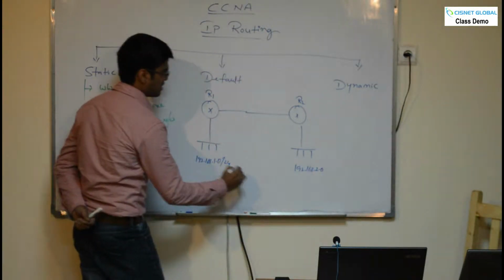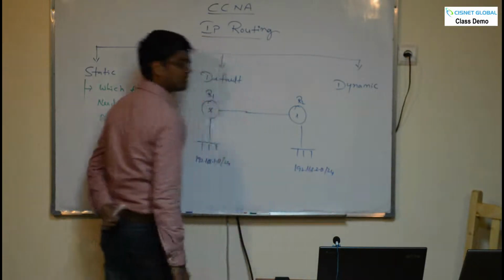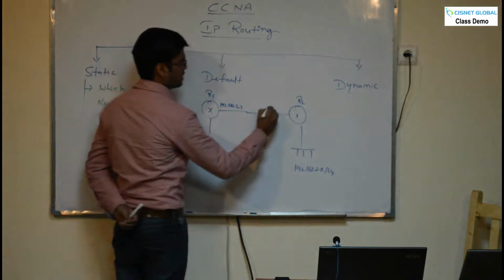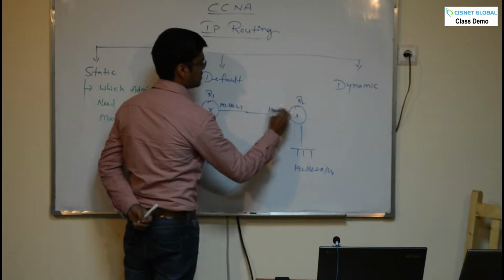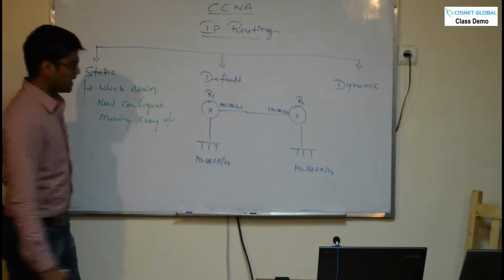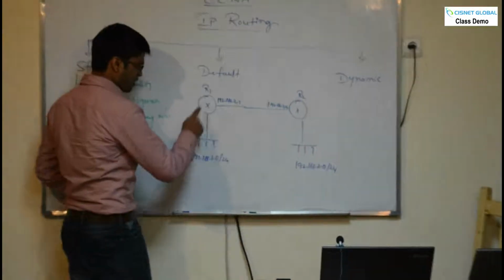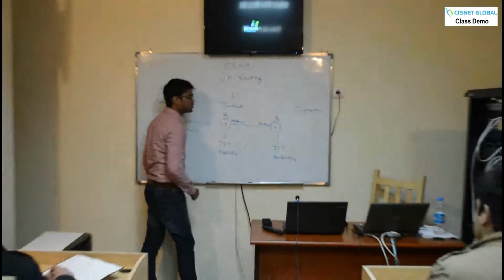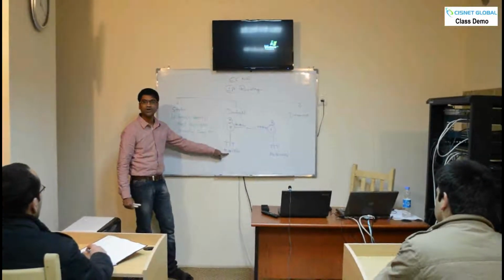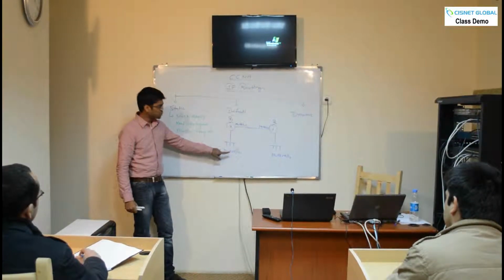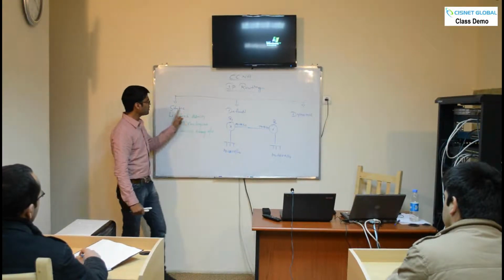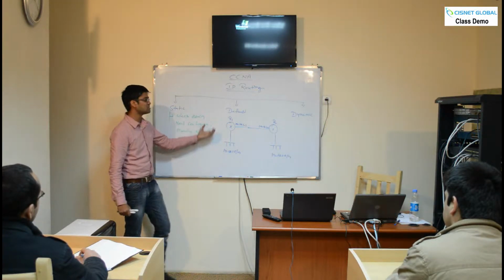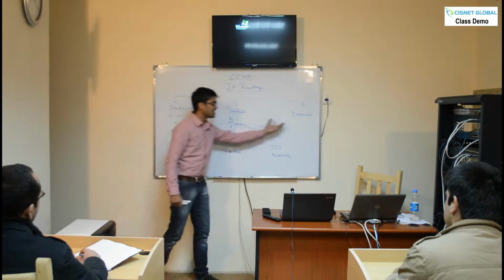Both are running in the default networks, and here 192.168.3.1 and 192.168.3.2. When I want to reach from router 1 to network 2.0, and from router 2 to network 1.0, you can take the help of any one of these routings. You can use static routing, default routing, or dynamic routing.